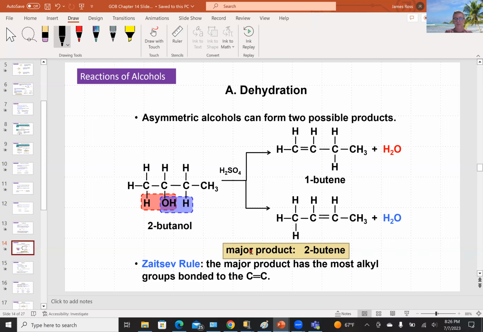This is the Zaitsev product. It's followed Zaitsev's rule. So Zaitsev's rule says that you basically want the double bond to form between the longest alkyl groups possible. So let's have a look at that.